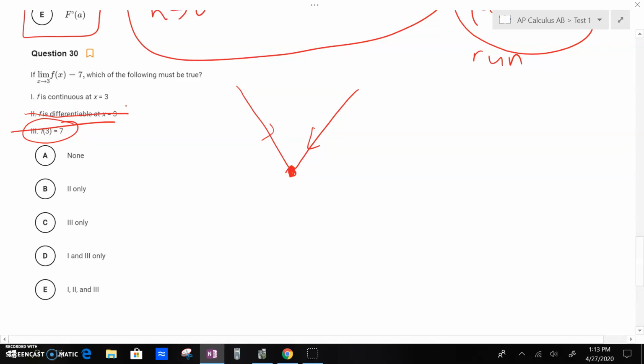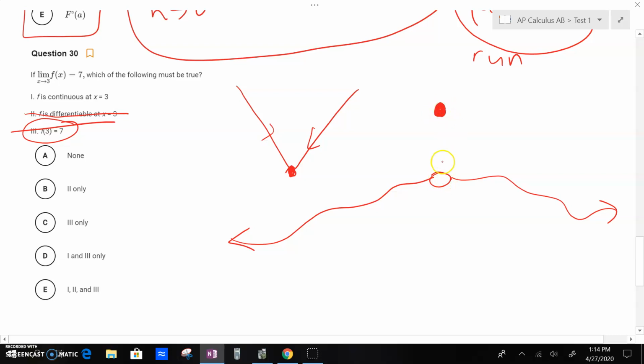And then continuity at x equals 3, that one for sure is not true. Because you could be happily moving along on a curve, have a little dot right here. And let's see, you could be happily moving along on the curve, then boom, boom, and you've got a removable discontinuity. The limit exists.